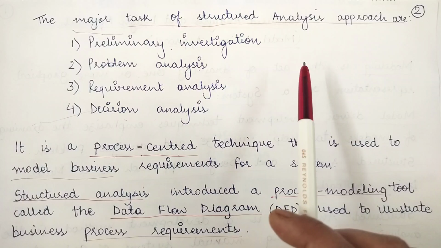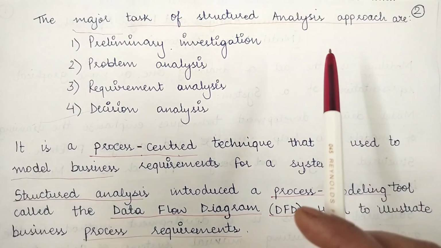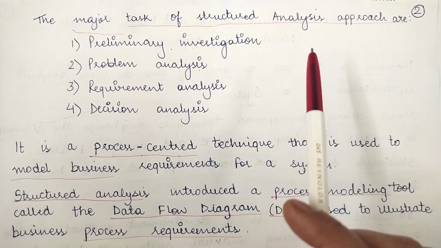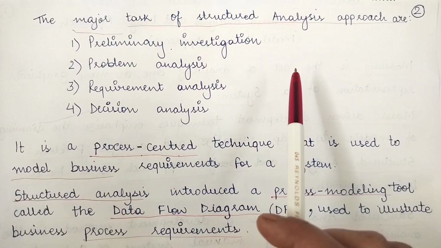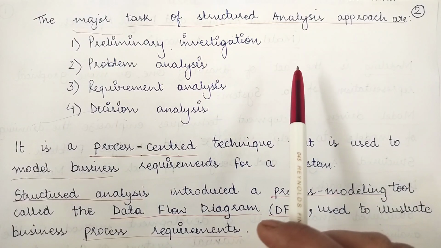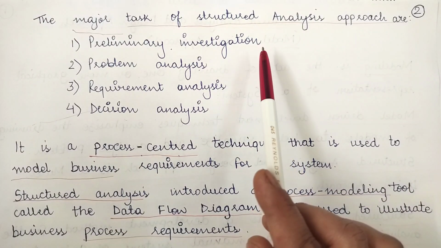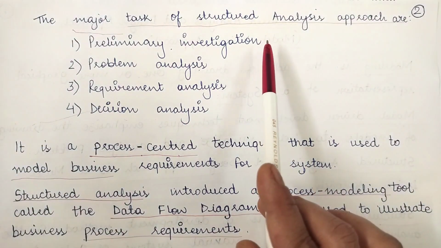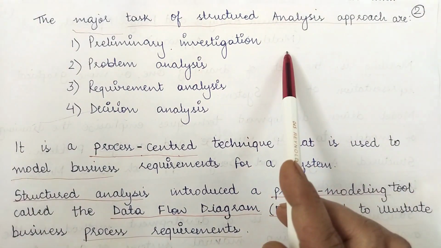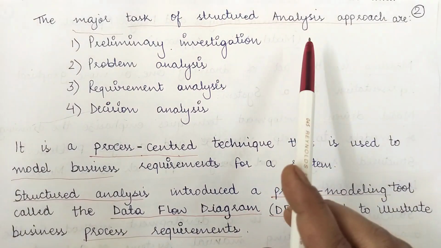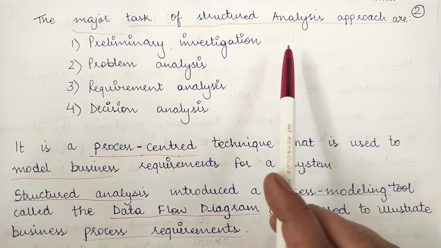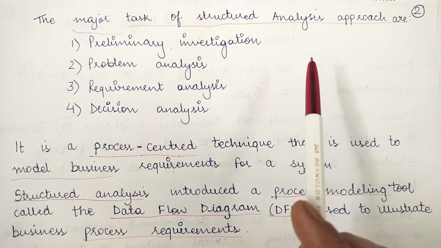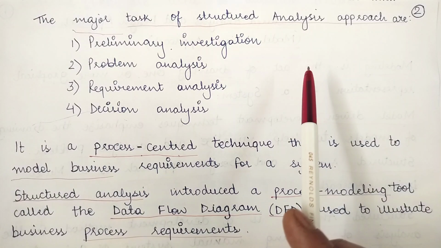So basically here we are finding out how feasible the system is through the help of certain collected information, with the help of which we can find out what are the advantages and disadvantages of having this system. And if the advantages outweigh the disadvantages, we can say that the proposed system is feasible and we can go ahead with it. So this is what is done in the preliminary investigation.